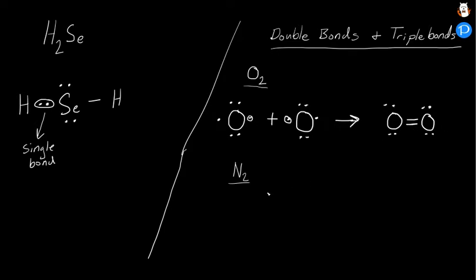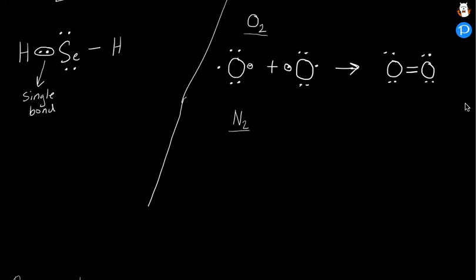Let's take a look at an N2 molecule. If we look at this one, nitrogen has 5 valence electrons. So 1, 2, 3, 4, 5. And we're going to bond that with another nitrogen. 1, 2, 3, 4, 5.